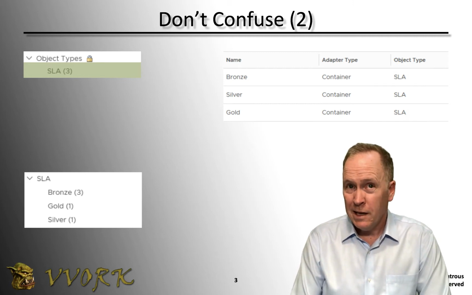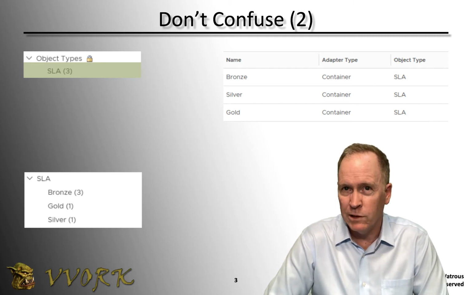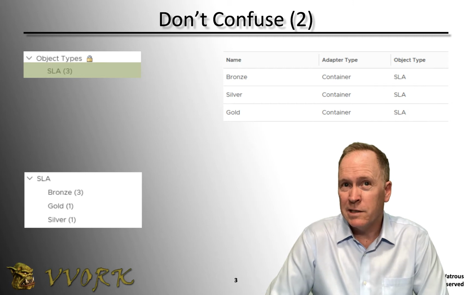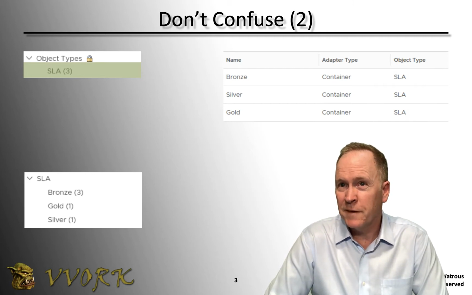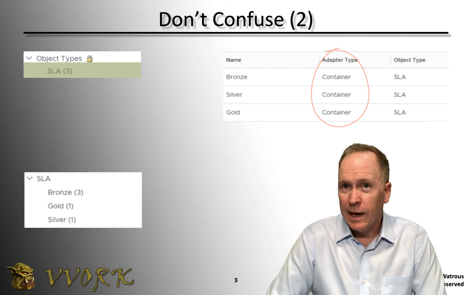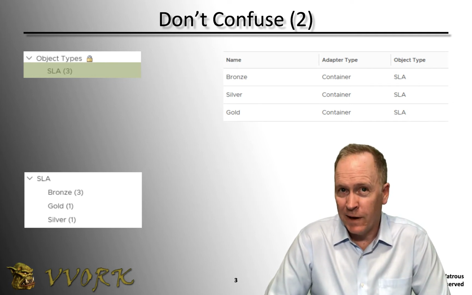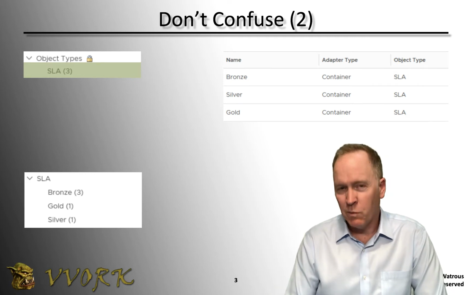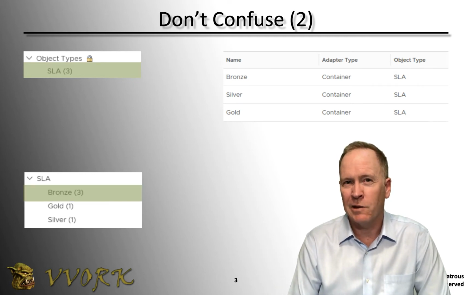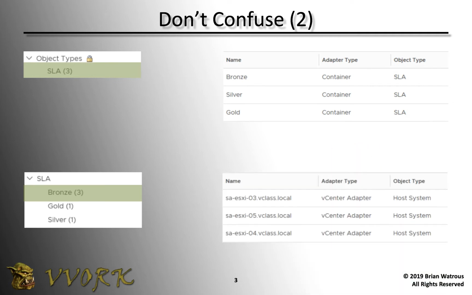So what this section on top is showing us is that vRealize Operations has automatically created a tag value called SLA that's been slapped onto some container objects called bronze, silver, and gold. Though it may be tempting to click on SLA, the tag value, more often than not, what you want to do is go down to the tag called SLA and select its individual tag values, such as bronze, gold, and silver. Those tag values will show you the hosts that have those tag values assigned to them.